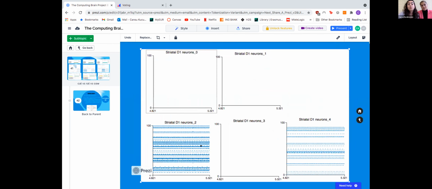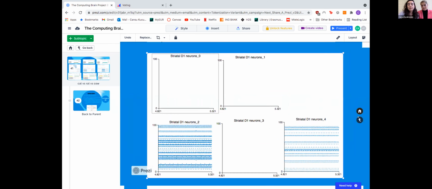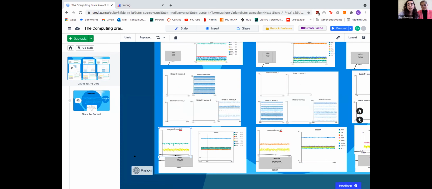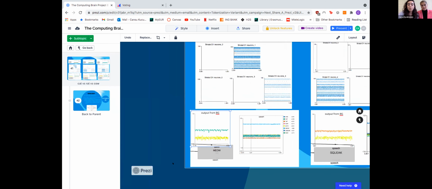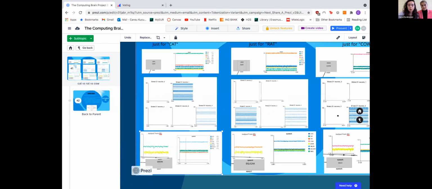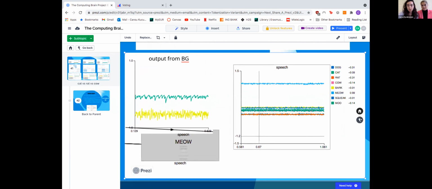We're going to see group 2 activate more because they're trained that way. And then at the output, for the cat, we see the basal ganglia giving an output of 0 for the chosen action, which is the cat, represented by the green line. And then we will see in the output that it shows the meow in the speech.